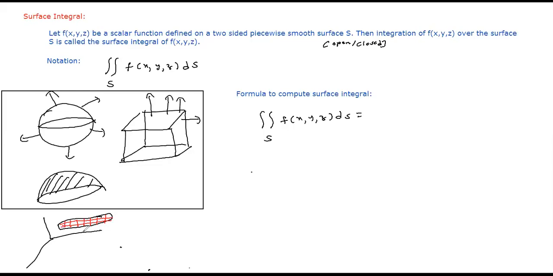Then you give some index to each piece. Call them delta s1, delta s2, and so on.